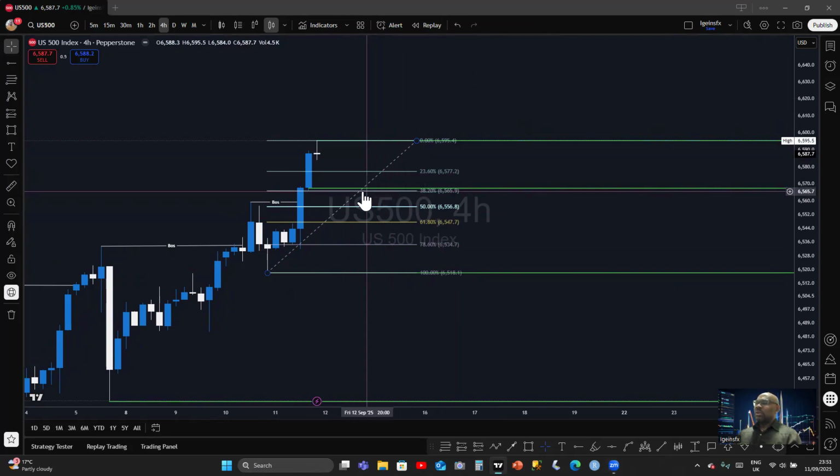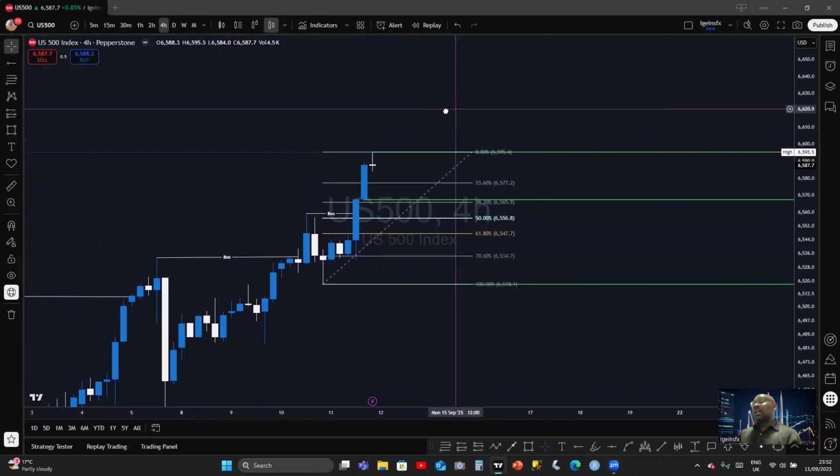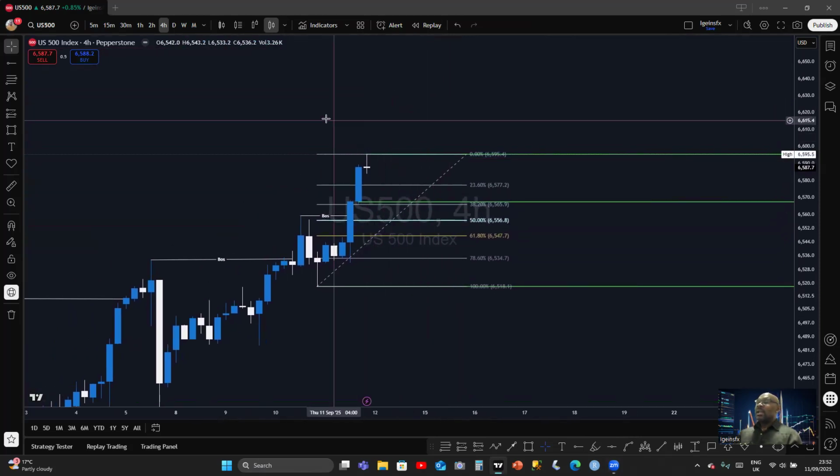If it finds support here, that is just a minor pullback, then it will bounce from here. Otherwise, if it breaks below, that means it's coming to 50. If it breaks 50, it's coming to 61. Once you find support, you will see a rejection before price starts going back to create a new high.